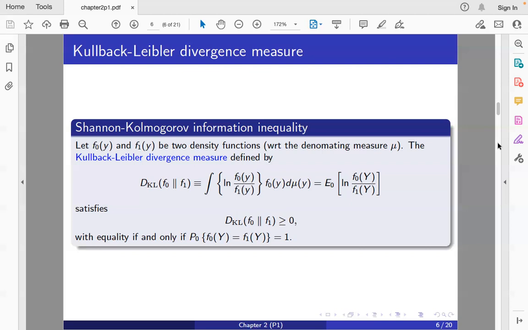Okay. So that means the dominating measure for a categorical variable makes the integration a summation, while the dominating measure for a continuous variable makes the integration the integration in the Lebesgue measure.